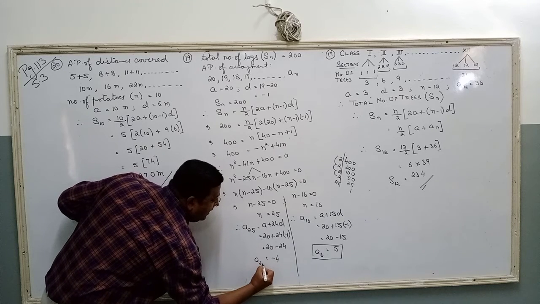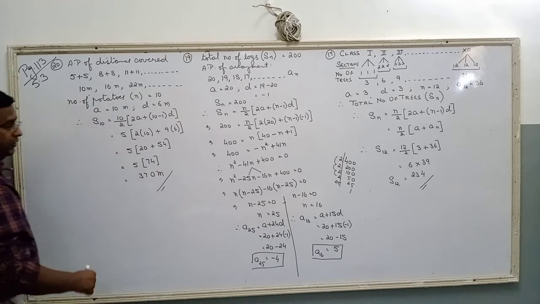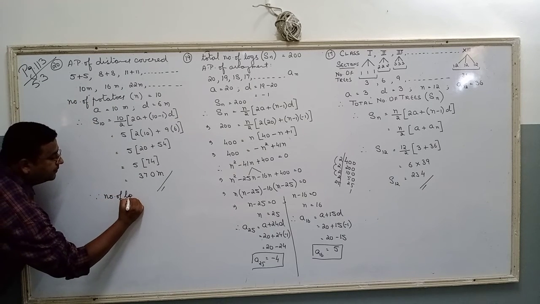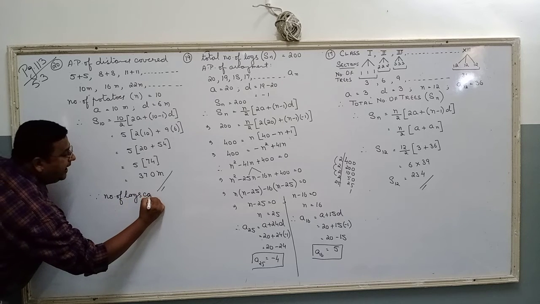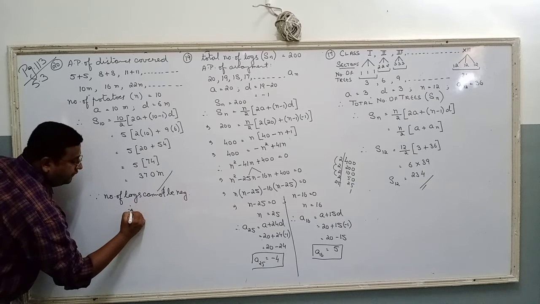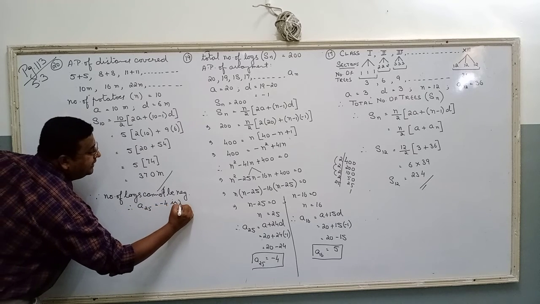Minus 4. Can the number of logs be negative? No. So there you write down the statement, because the number of logs cannot be negative. So therefore a25, that is equal to minus 4, is neglected.